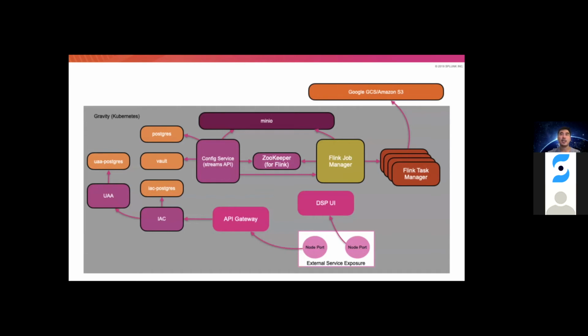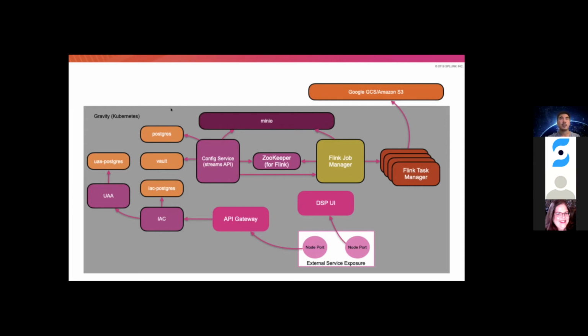But in reality, because SPS is a multi-tenant service with quite a bit of functionality in terms of user management and whatnot, it actually has several components, as depicted in this diagram. You're leveraging Vault and Postgres for authentication, user management, and also data management.